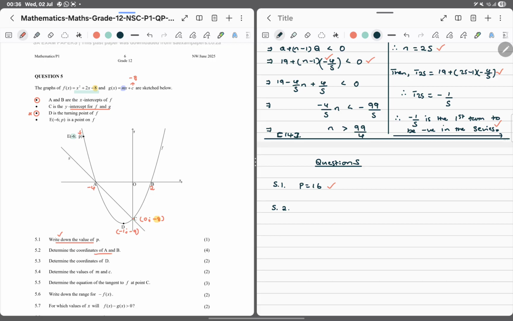Determine the coordinates of A and B. We know how. So we know that A and B are such that f of x is equal to 0. Why? Because these are the x-intercepts. Right, this implies x squared plus 2x minus 8 equal to 0. I don't know why I'm squashing myself here.